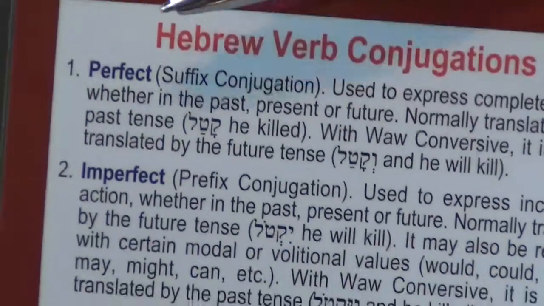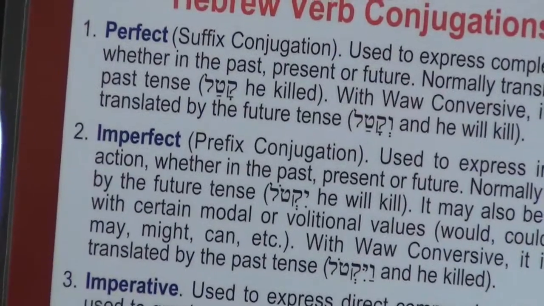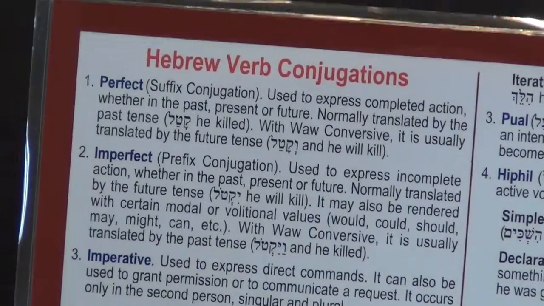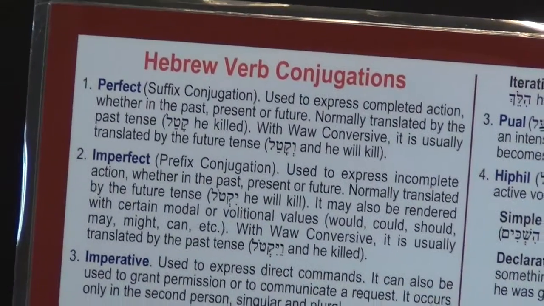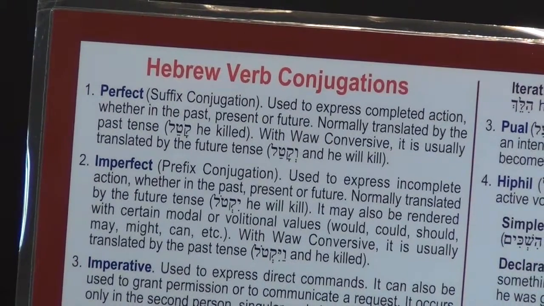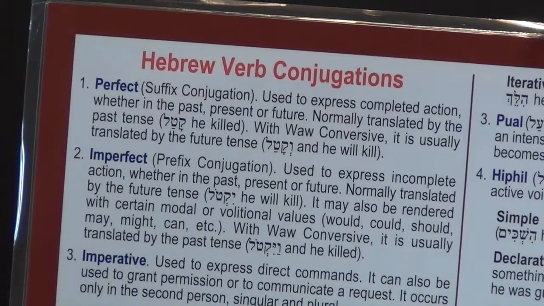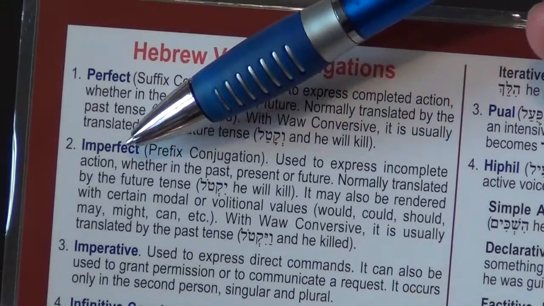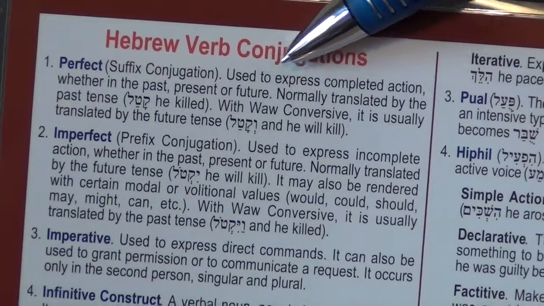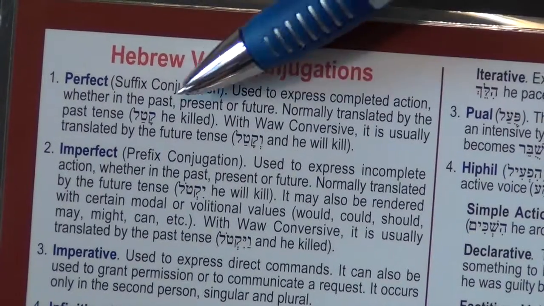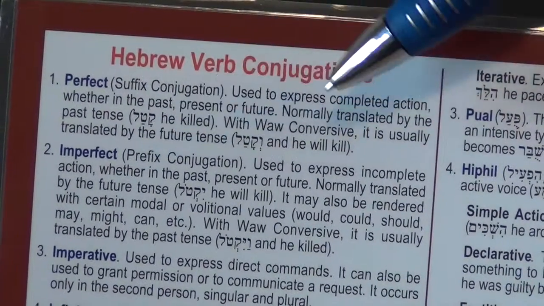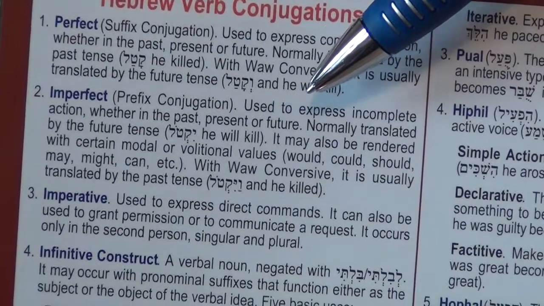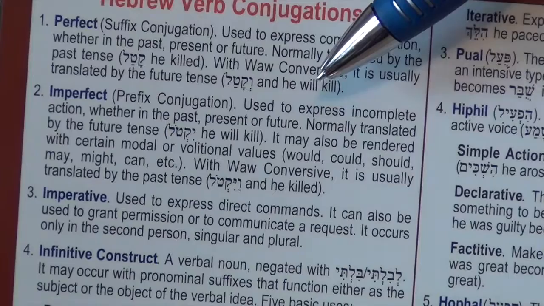So the perfect, remember I said that Biblical Hebrew, and this is the grammar of ancient Biblical Hebrew, doesn't have tenses, but instead it has the basic two-way distinction, the perfect and the imperfect. And perfect is used to express completed action, whether in the past, present or future, and imperfect is used to express incomplete action, whether in the past, present or future.